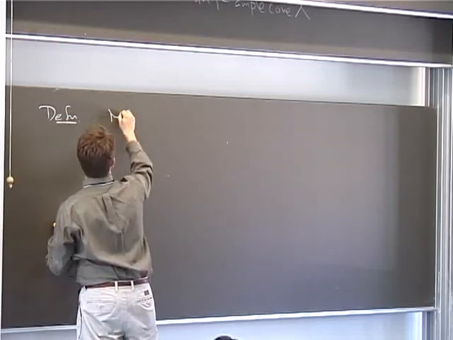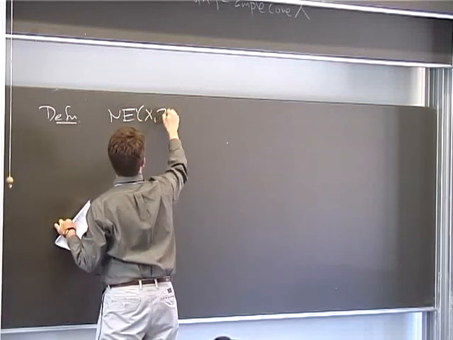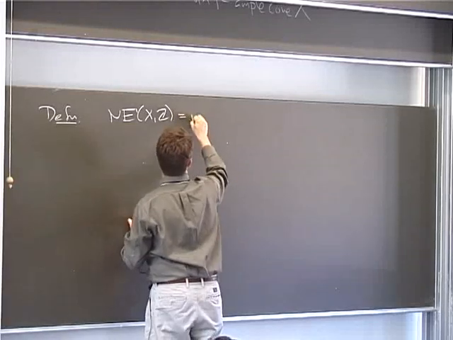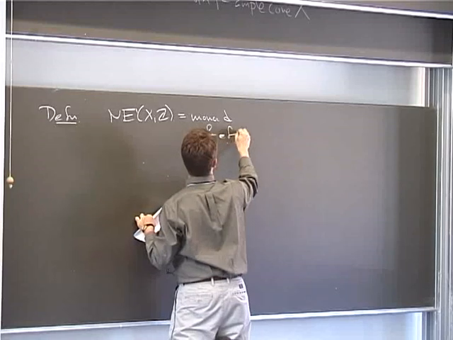So while I'm doing everything, one last definition. I'm going to let this denote the monoid of effective divisors.